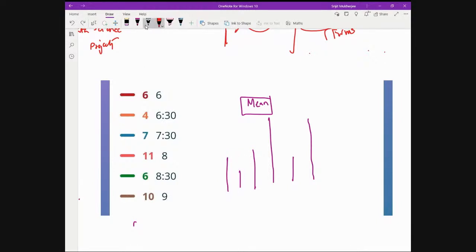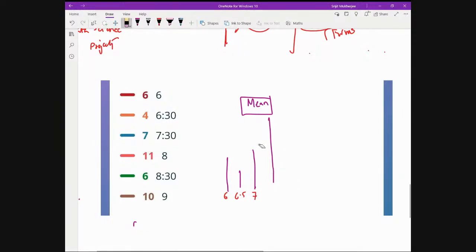Okay, so now the question is, what is the best timing? This is 6, this is 6.5, this is 7, this is 7.5. I'm doing some mistake, surely. 6.5, 7. Oh, I didn't give any 7.5. That is a big mistake.